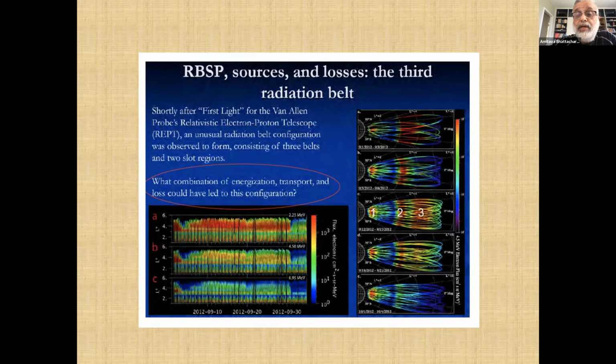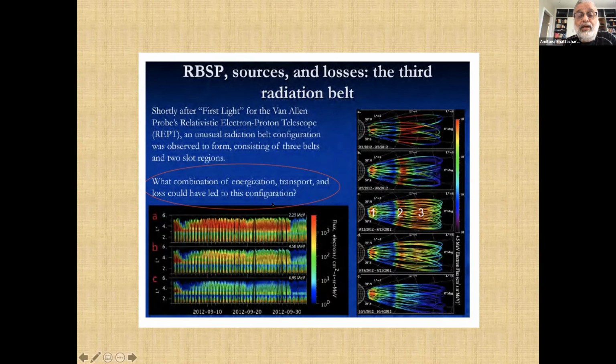As to how this third belt forms, and it is not always present, is a subject of considerable research. There are interesting ideas out there, but none very definitive yet, that allow us to pin down exactly why and when this third belt forms and what determines its lifetime, when it is seen and not seen, and so forth.